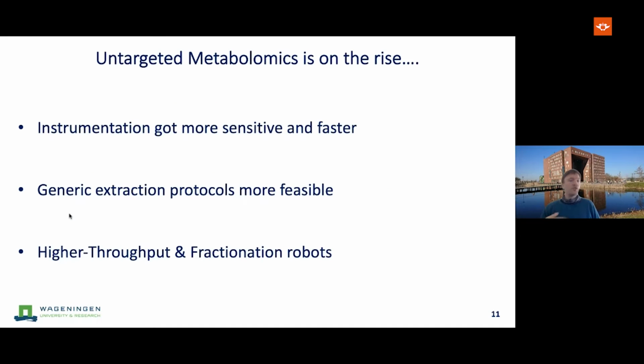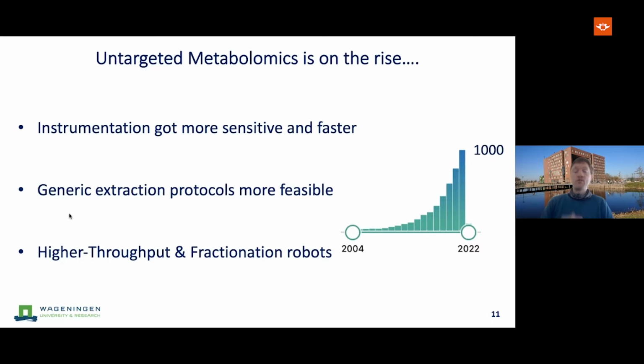And I thought it was nice to share that untargeted metabolomics in general seems to be really on the rise. I can demonstrate that if you type this in PubMed, you see this kind of graph, with last year nearly 1,000 publications that mentioned the term untargeted metabolomics, and there are variants there which I did not cover now.